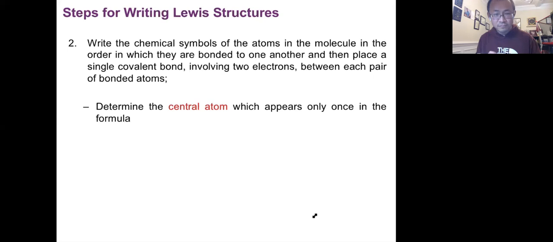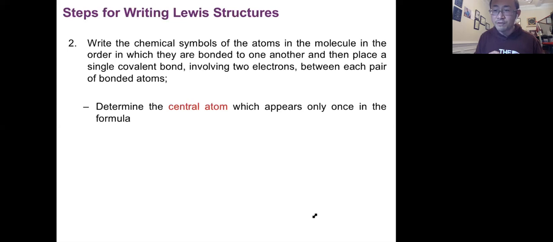But you have to determine which one of these atoms is the central atom. If I use my own words to translate, step 2 is basically you need to draw the skeletal of a molecule.